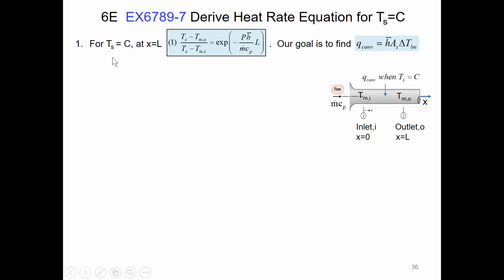For constant surface temperature condition at outlet x equals L, equation 1 relates the mean temperature with the tube length. Our goal is to find the convection heat rate over the whole side surface of the tube.